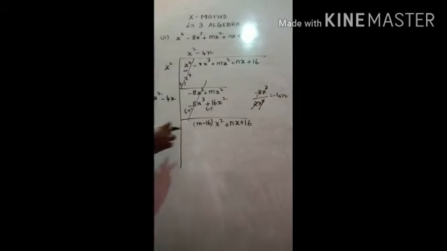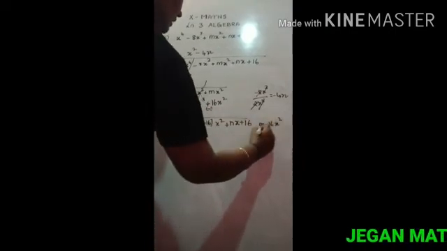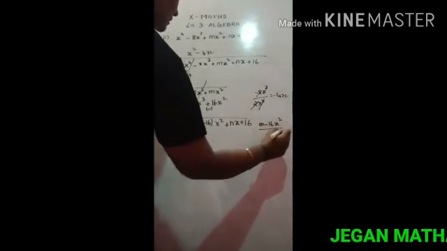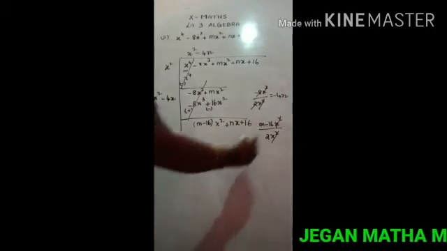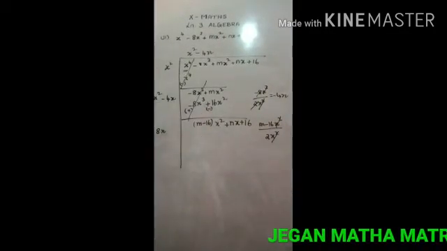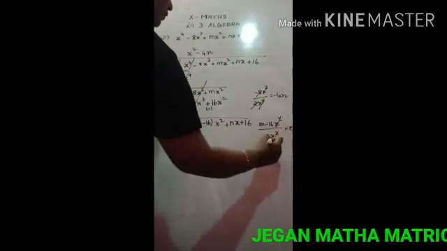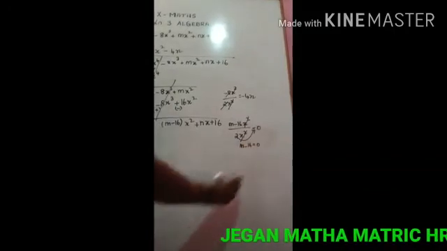So m minus 16 x square divided by 2x square, x square cancels, then m minus 16 divided by 2 equal to 0. We take 2 to that side, 0. So m minus 16 equal to 0.